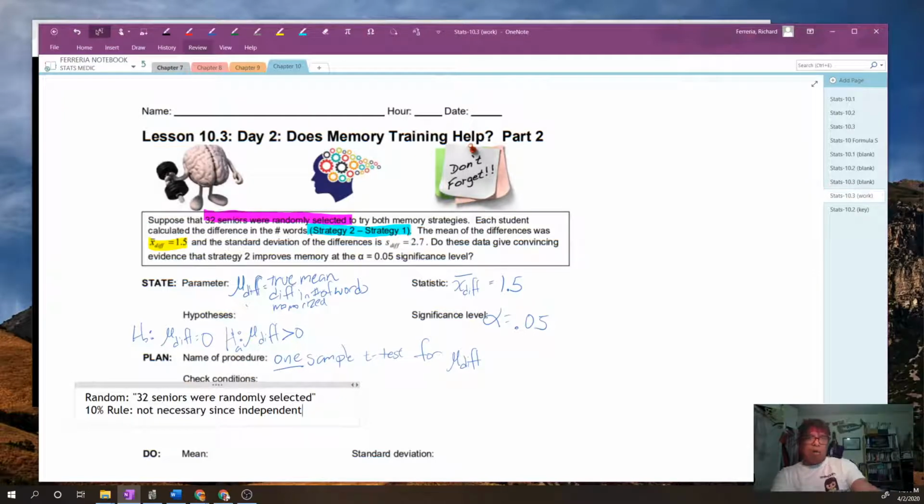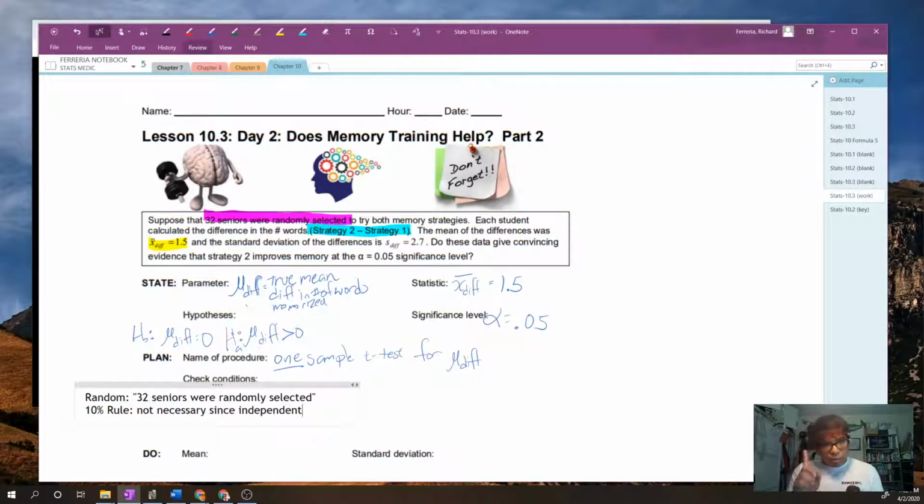So next, how about your normal condition? Which normal condition will hold? Is this a normal population? Is there anything that says that the differences will follow a normal distribution? And no, there isn't. Failing that, do we have a large sample?